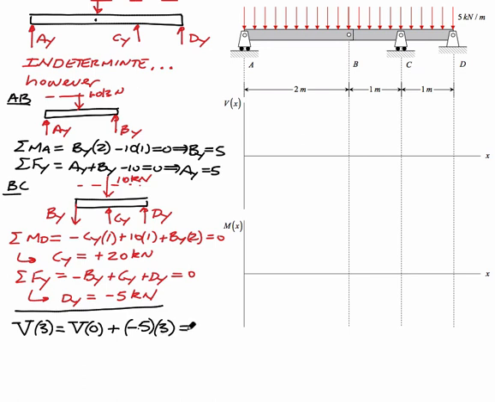So that will end up being minus 10. V0 we found is the same as AY, which we found to be a positive 5. So it starts out with V being 5. We know it goes down to minus 10.